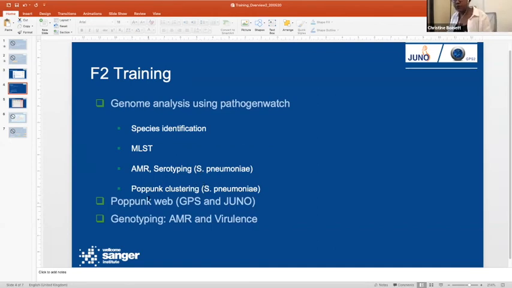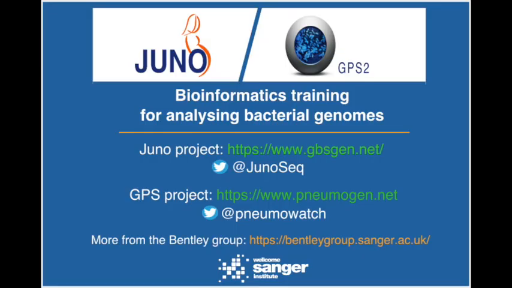But John, who created PopPUNK, has also created a web version, which is drag and drop, and we can use it for both Strep pneumo and Strep agalactiae. So that's all good. And last but not least, we'll be doing more genotyping, specifically for GBS. So you can do AMR and virulence typing standalone. Right, I think that's it from me, and I'll hand over to Steve to wrap us up and bring us home.